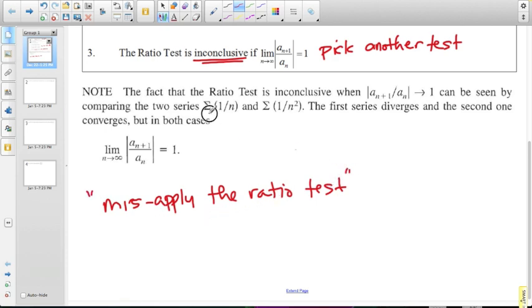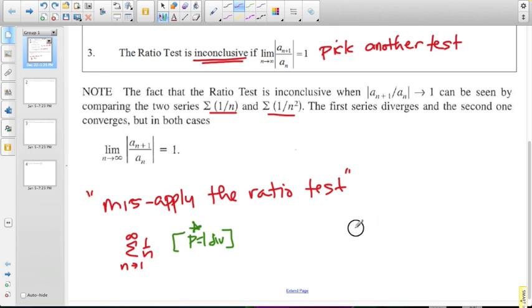Let's take a look at, we always come back to these p-series terms, right? We've got this p-series, the sum of 1 over n as n goes from 1 to infinity. And we know that's divergent, so let's note in brackets here, p equals 1. We know that's divergent. The p-series test is the correct test to do.